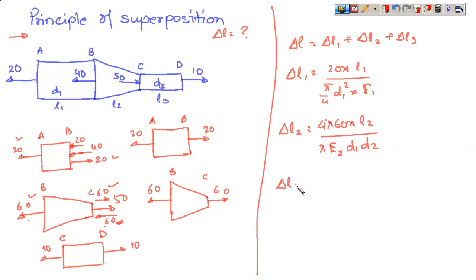And similarly, delta L3 you can find out as 10 into L3 divided by pi by 4 into D2 square into E3. If they are made up of the same material, then E1, E2, E3 are same. If they are made up of different materials, they are different. All three forces that you have calculated are tensile in nature, so all three will be positive. You can simply add them up and calculate the total change in length.